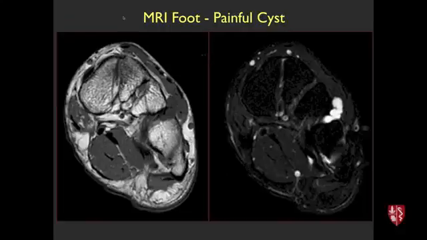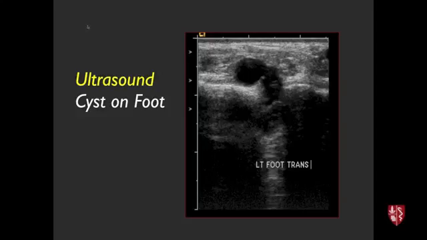And I'll talk a little bit more about procedures in a minute here. So on this image, the probe would be on the skin surface at the top of the image. The bone would be this white interface here, and then you can see the cyst protruding out of the bone here real nicely, and it's easy to use ultrasound to guide a needle into that to help drain that type of thing.